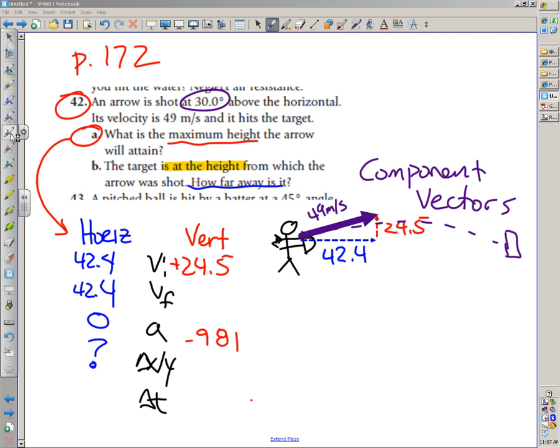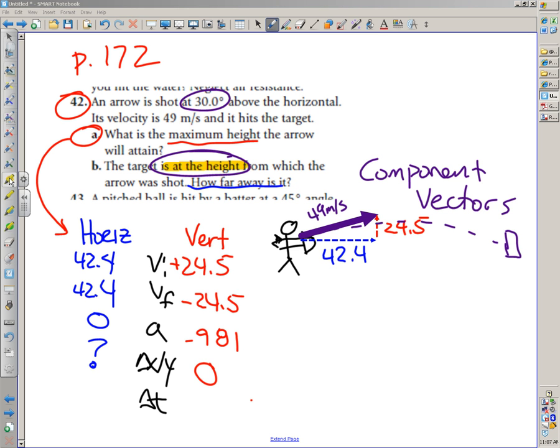First, vertical displacement is 0. Second, final velocity is negative 24.5. That only applies, though, if the target is at the height from which it was shot.